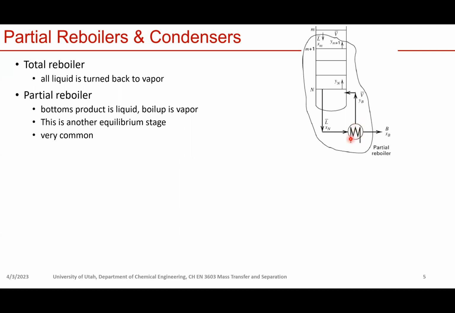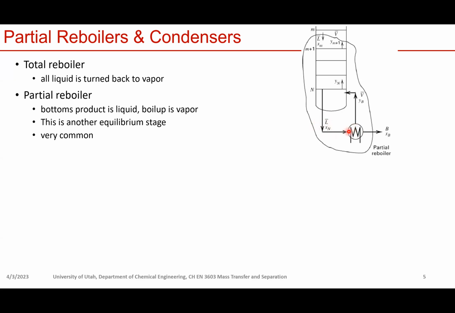In the reboiler, we have liquid entering. The reboiler heats this liquid up and produces vapor. Depending on how much of this liquid is vaporized, you can have a partial reboiler or a total reboiler.